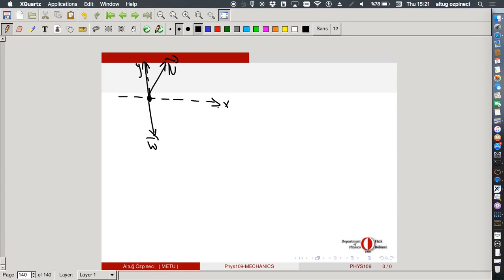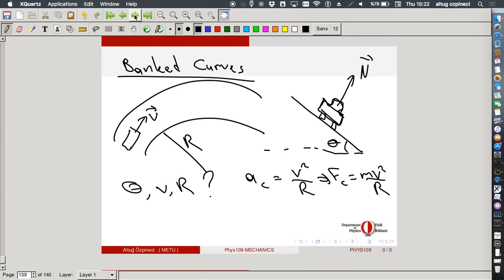Now the central acceleration of my object is v squared over r in the x direction. Why is the acceleration in the x direction? Because at this instant, x is pointing towards the center.